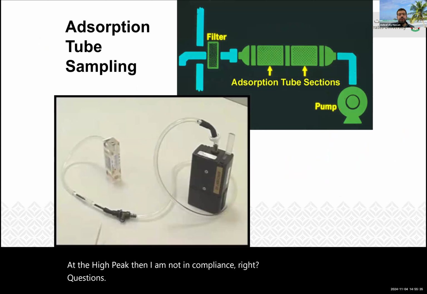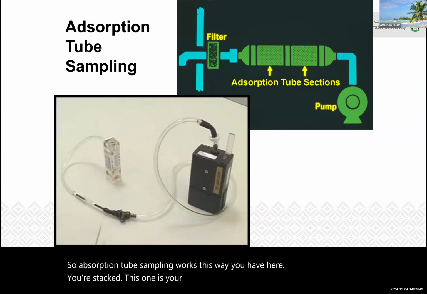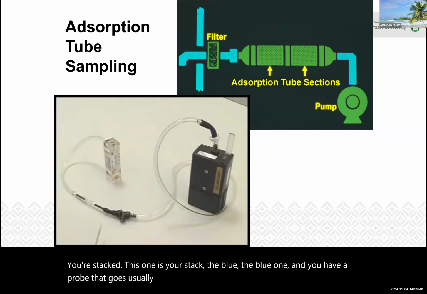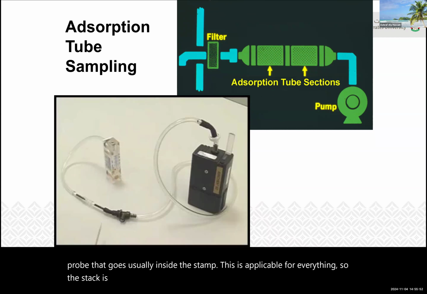So absorption tube sampling works this way. You have here your stack. This one is your stack, the blue one, and you have a probe that usually goes inside the stack. This is applicable for everything. The stack is what you see in a lot of factories.